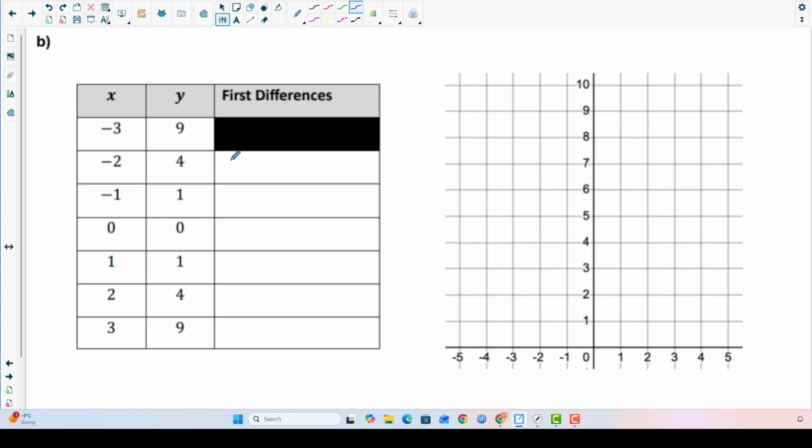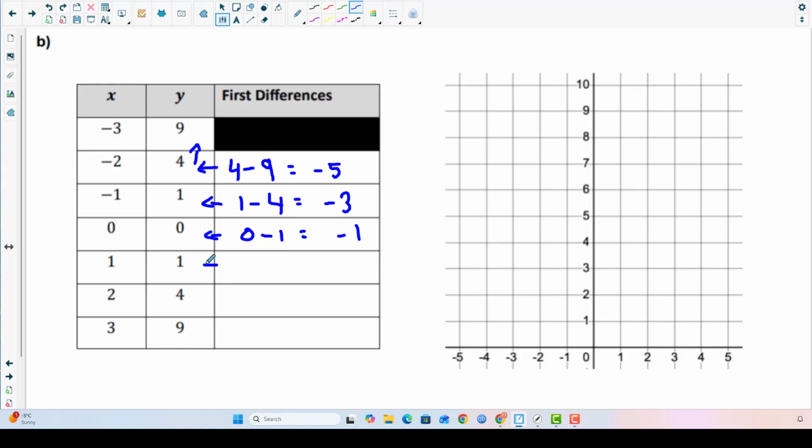So let's do this. This is going to be 4, the value here, subtract from the value above, 4 minus 9, which equals -5. Very important. You are allowed to have negative values. Do not be afraid of them. 1 minus 4, which is negative 3. 0 minus 1, which is negative 1.